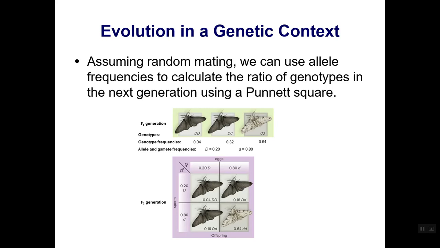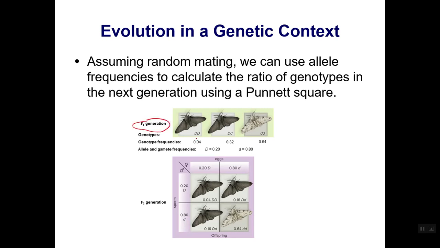So let's look at this in a genetic context. Let's assume in this population of moths there is random mating. There's no picking and choosing. We can use allele frequencies to calculate the ratios of genotypes in the next generation using a Punnett square as well. So here's our first generation, F1.